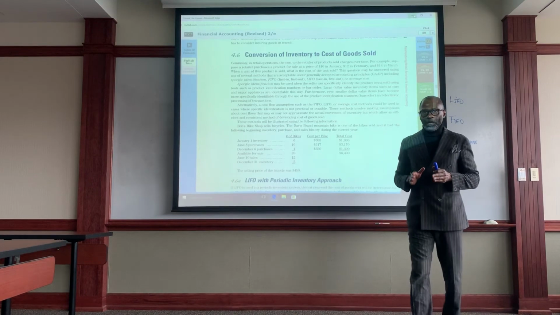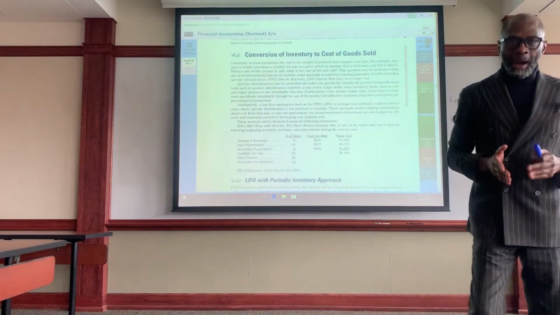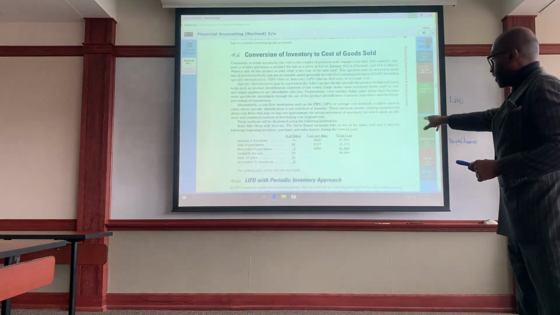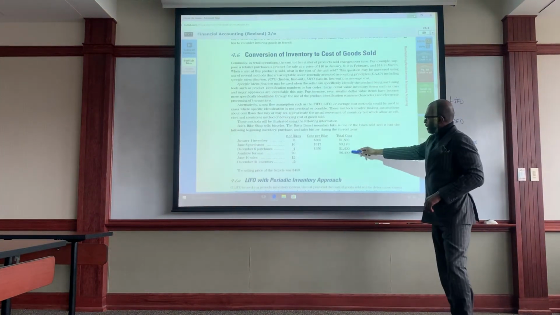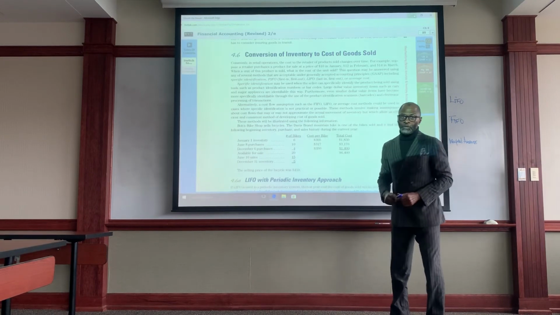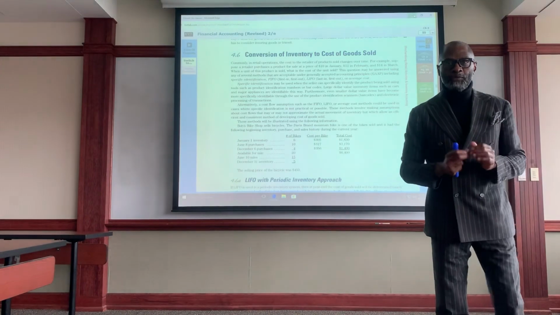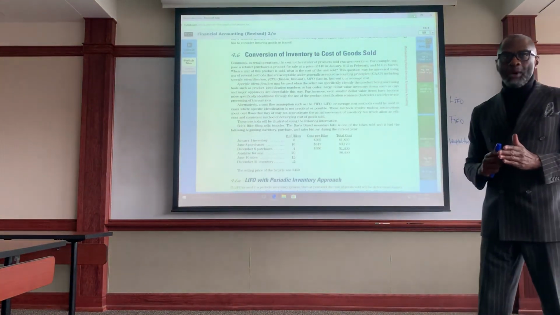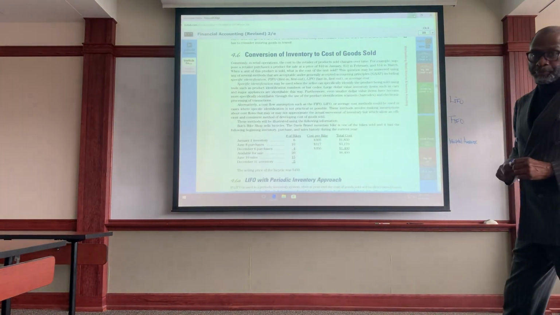What did I have available for sale? 20 bikes. How much is the total cost of those 20 bikes? $6,400. All I did was add up each layer, and I added up my beginning inventory plus purchases of the number of units. That's fairly simple, straightforward math. My goods available for sale, I now have calculated using this approach.